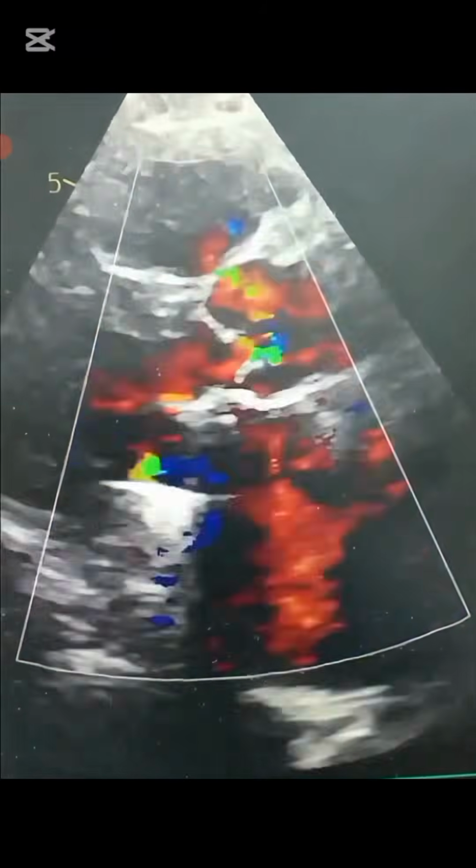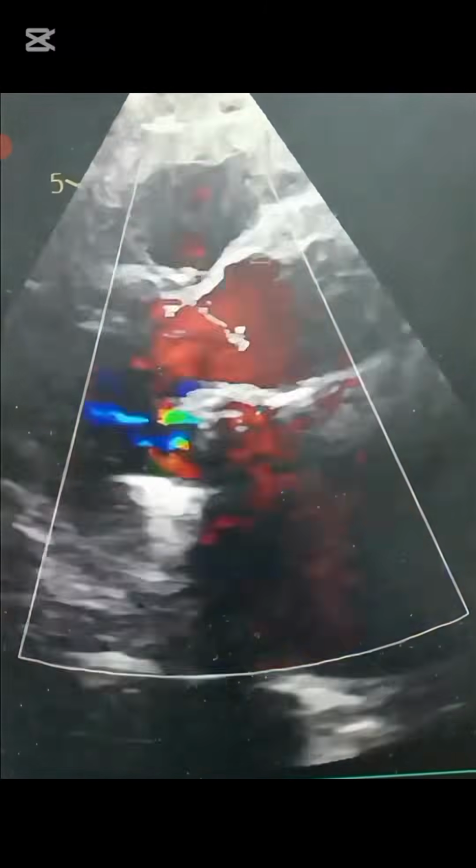There are several reasons. Number one, thrombosis, clot formation. There may be clot formation on the valve, especially in a mechanical valve. In this case there is a mechanical valve, which can impair leaflet motion, restrict the opening and closing, and lead to a stuck valve.